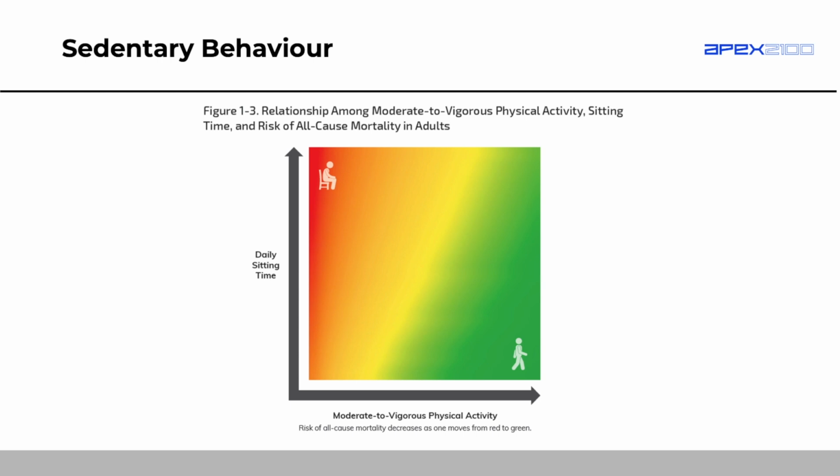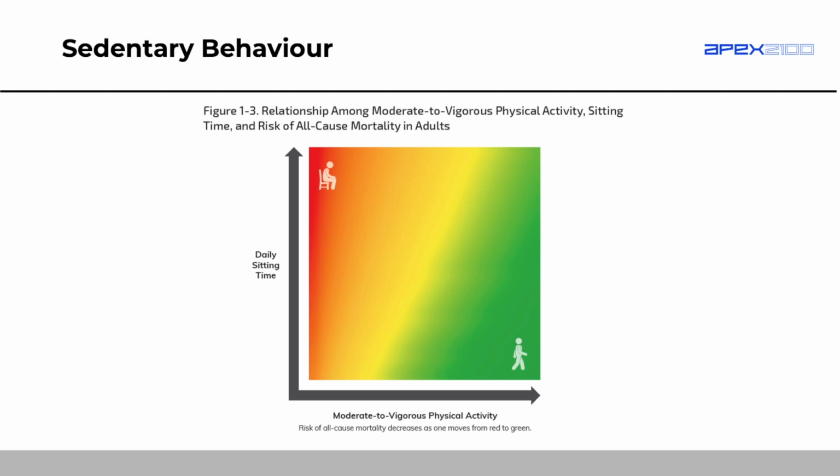Okay, so we know that there's a strong relationship between sedentary behavior and health outcomes, and this is looking at the relationship between sedentary behavior and the risk of all-cause mortality. So what that means is pretty much death from any cause.